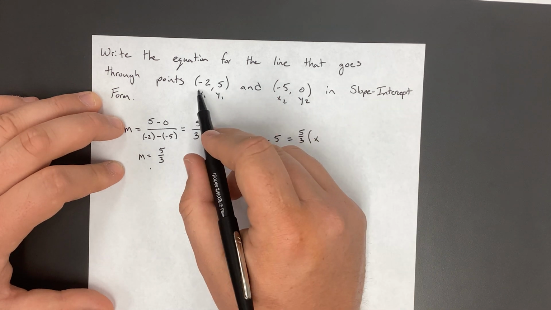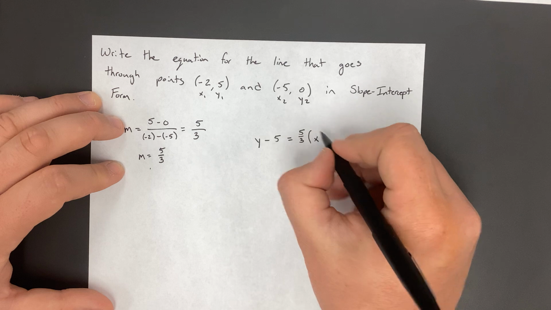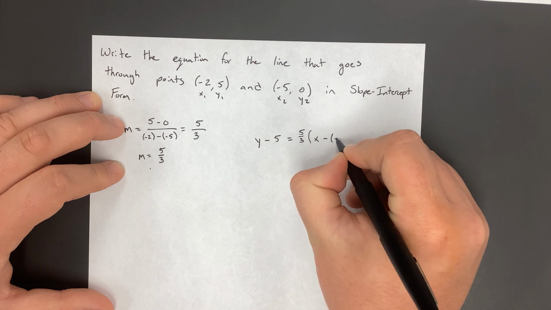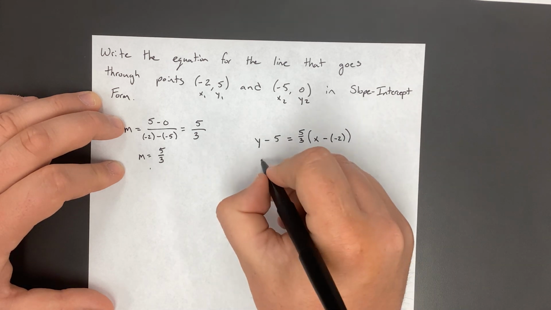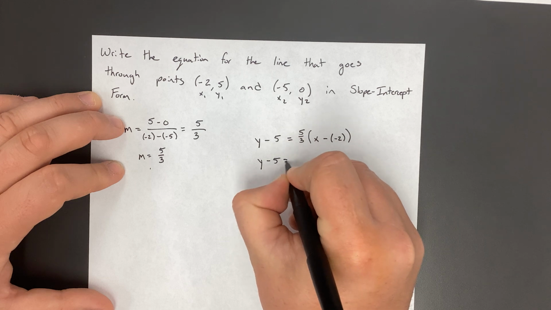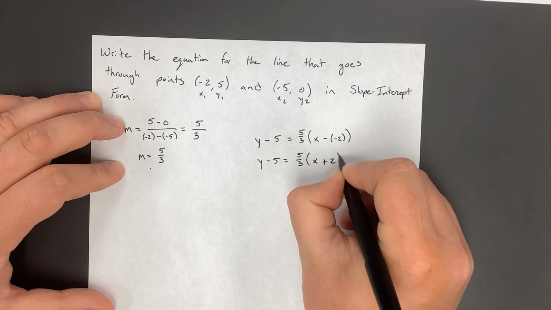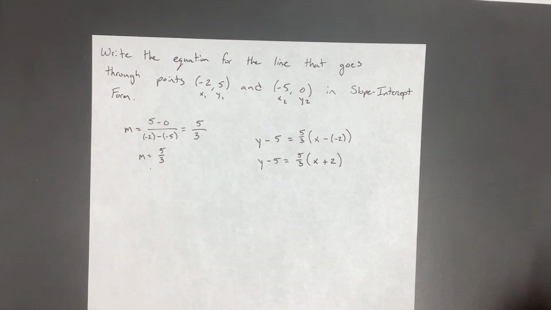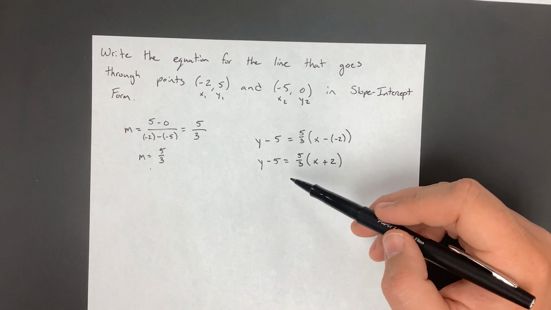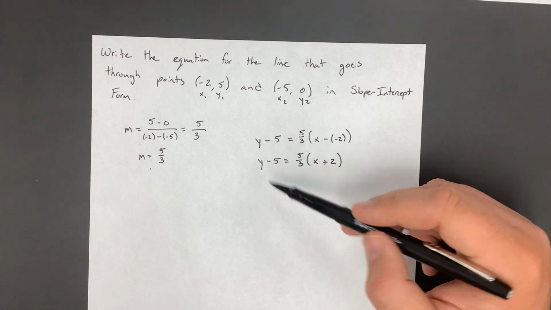And then because this is -2, I could think of it as minus -2, which I would clean up to be x plus 2. Okay, and then from there, I'm just going to distribute and then isolate my y.